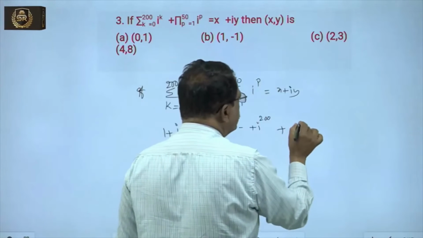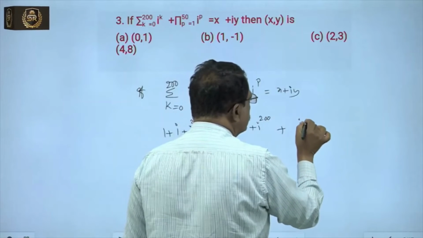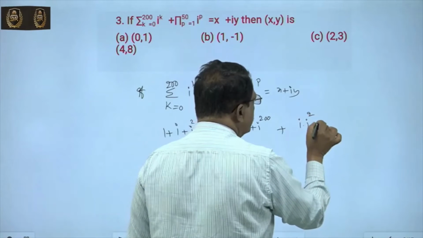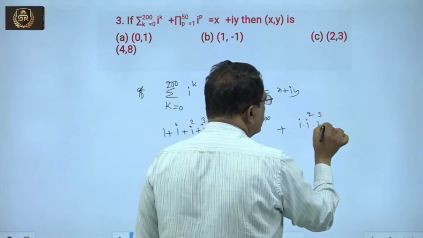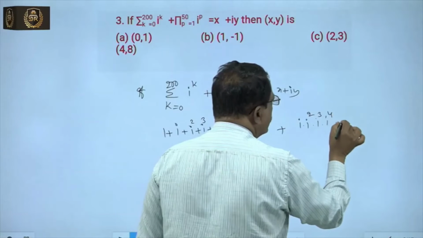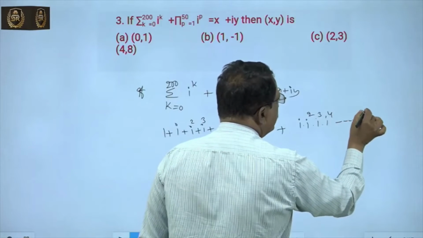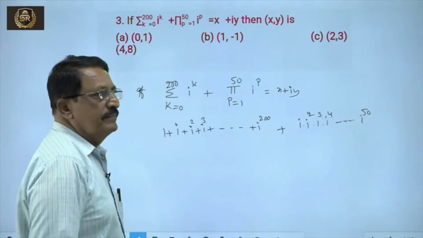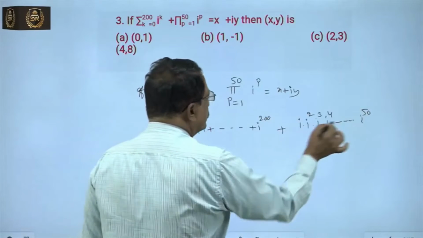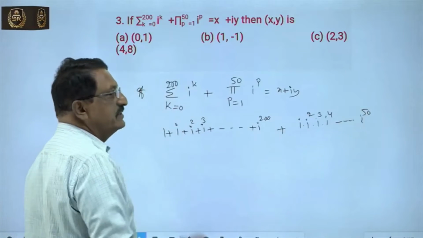P equals 1, substitute i into i square into i cube, i to the power of 4 up to i to the power of 50. Pi is the product of terms, sigma is the sum of the terms.